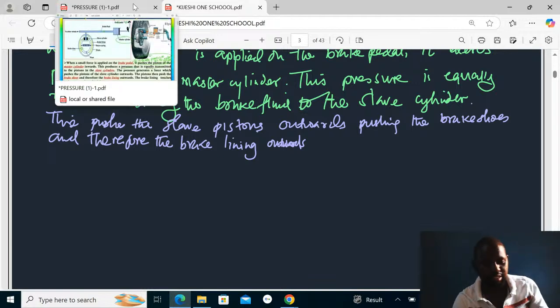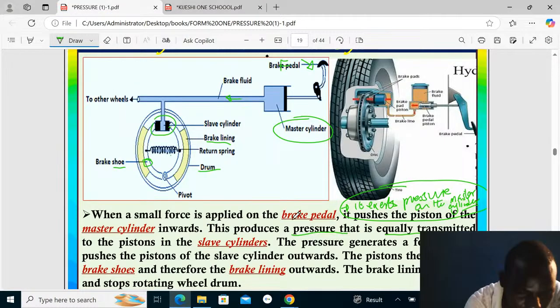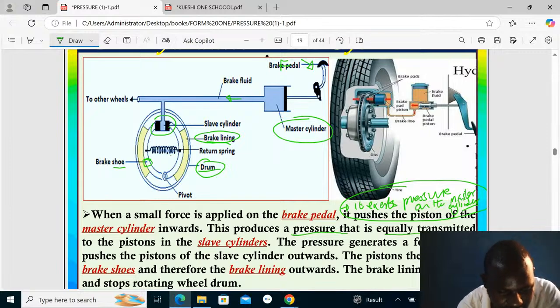Once it pushes the brake lining outwards, what happens? Now, this is the brake lining. It is going to press against the drum. And the drum is the one that is rotating because it is part of the wheel. Then it is going to slow the motion of the wheel.